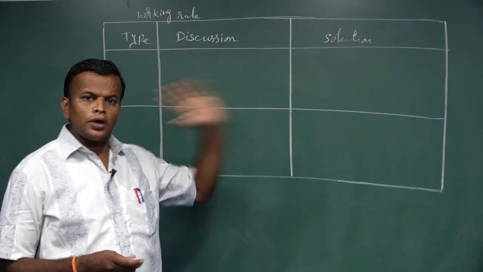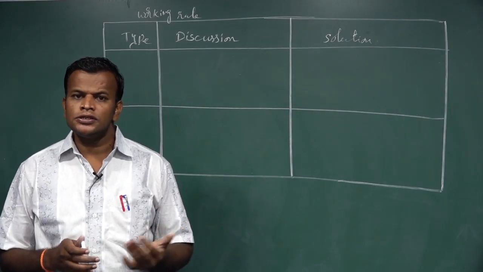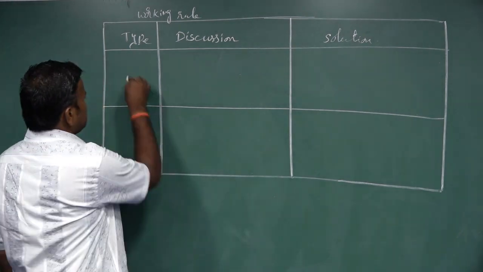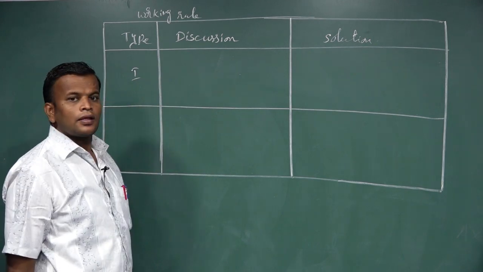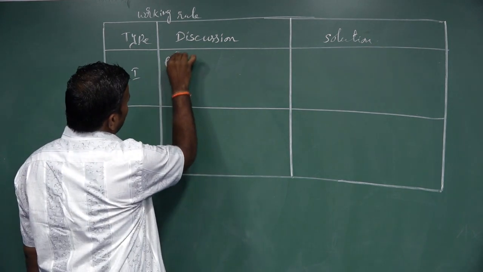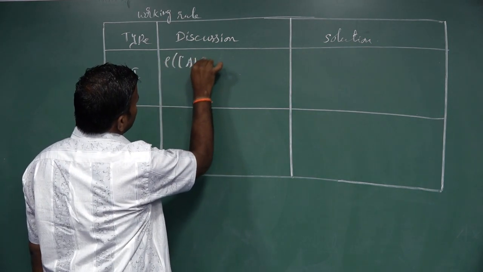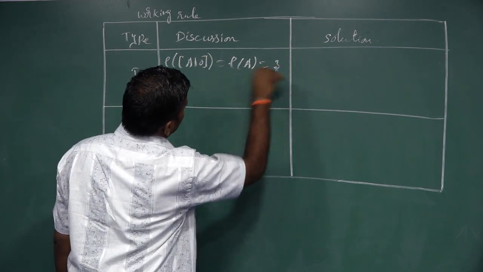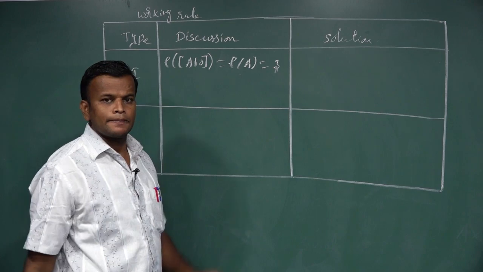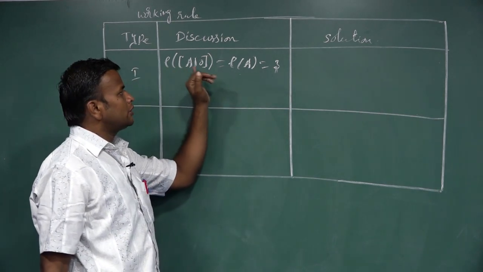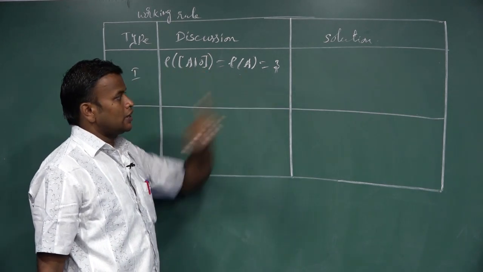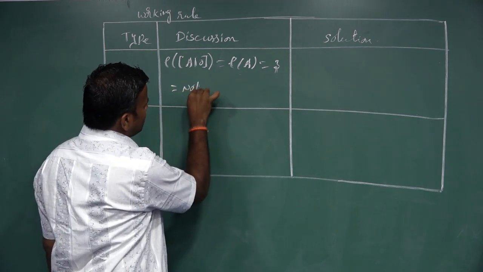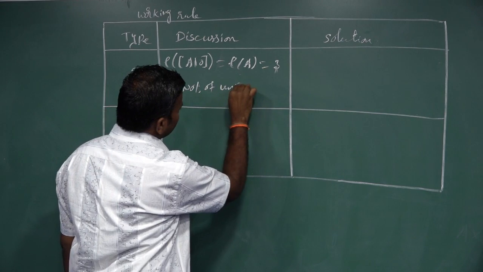Now to write the working rule to find the solution of these homogeneous linear equations. The first case: suppose the rank of A bar 0 and the rank of A are both equal to 3, where 3 is nothing but the given number of unknowns.